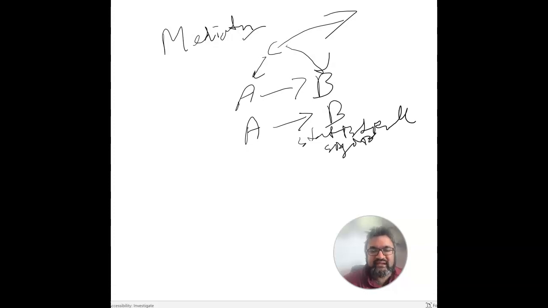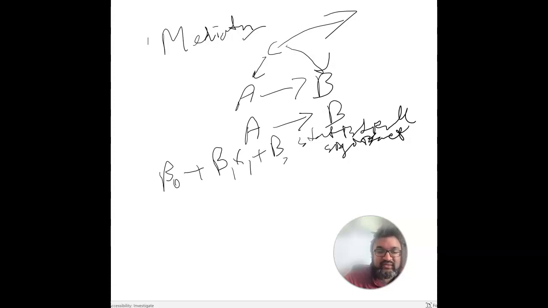So let's see how that works in a logistic or linear regression format. Say you have, again, beta naught, plus beta 1 x1, and then beta 2 x2.